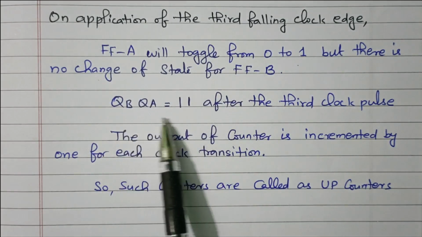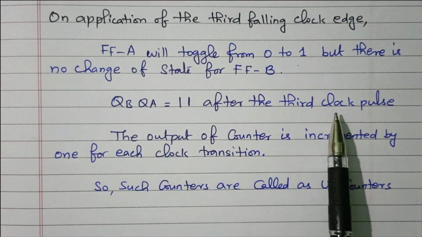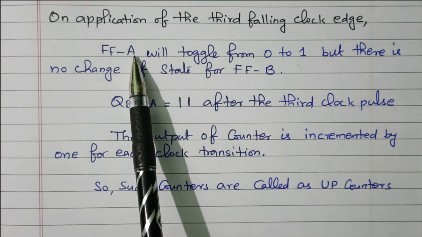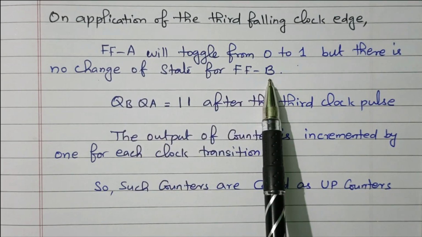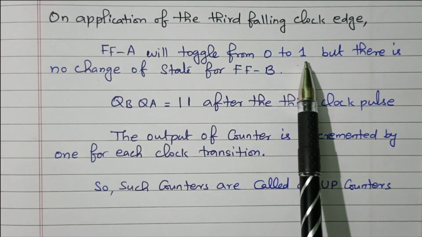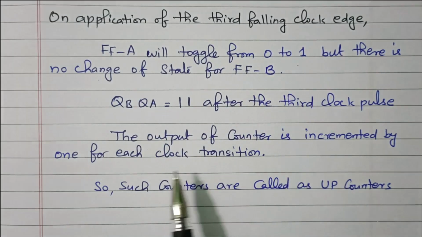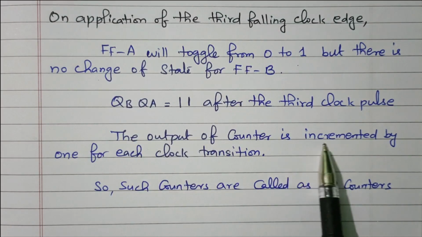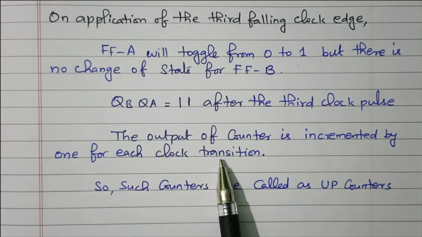So QB QA is 1 1 after the third clock pulse. So flip-flop A toggles for every clock pulse. Flip-flop B will toggle when the state is 0. If it is 1, it will not toggle, right? Because of the negative edge.